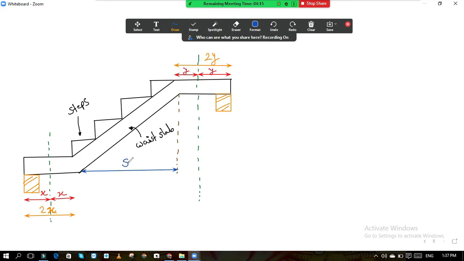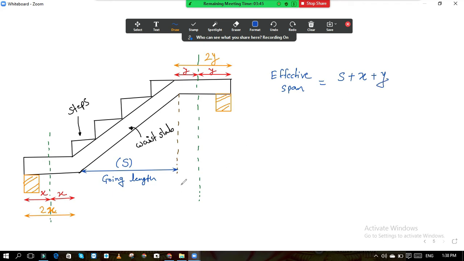It is denoted by the letter S. So in this type of situation, if you need to calculate the effective span, then IS code says that your effective span should be S plus x plus y.